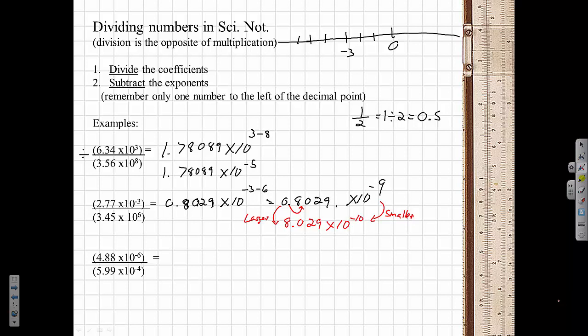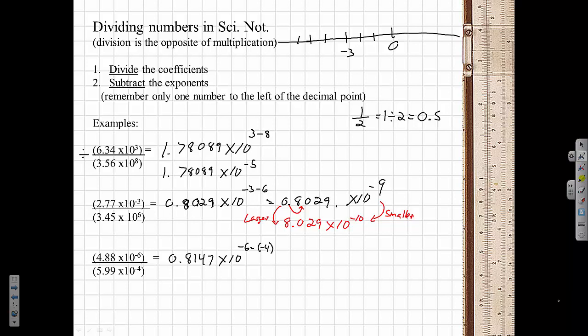All right. 4.88 divided by 5.99 gives me 0.8147. Again, we've got a fraction here. All right, we're going to have to move that decimal place over. What is the exponent going to look like? It's 10 to the negative 6 minus a negative 4.